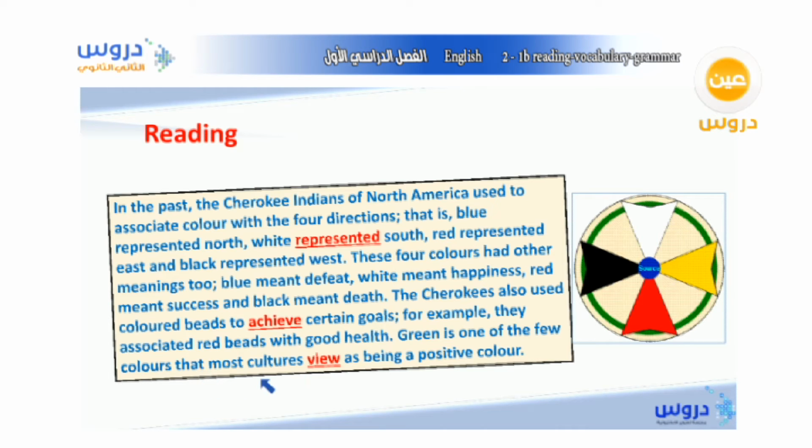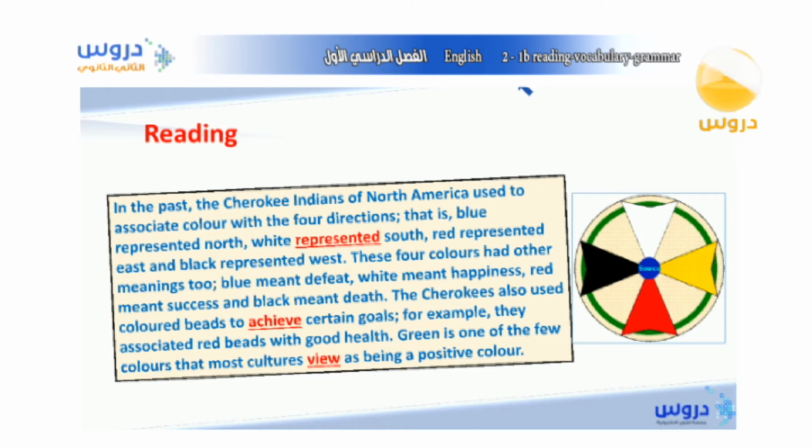Green is one of the few colors that most cultures view as a positive color. So many of us think that green represents life, nature, health, prosperity, and so on. And we know that the color of the flag of Saudi Arabia is green.